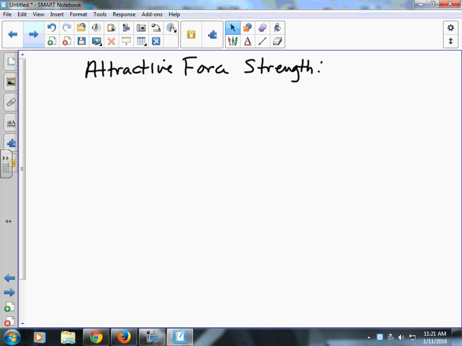Which was easier to melt, sugar or salt? Sugar. So what does that tell you? Which is stronger, the bonds in sugar or the bonds in salt? Good. We're not going to put metallic in this.